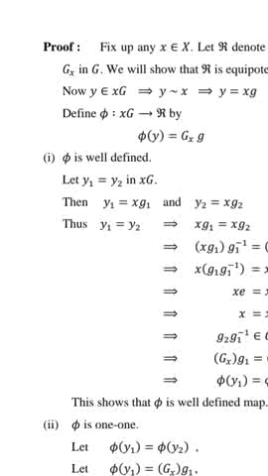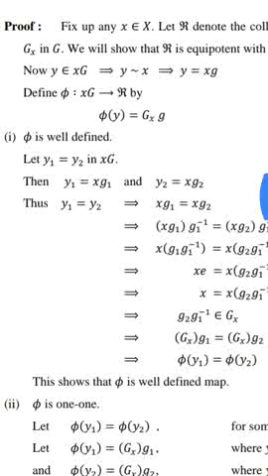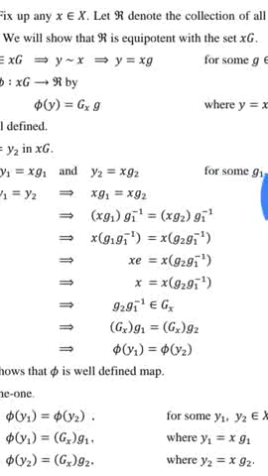Therefore, y1 is equal to y2. This implies that xg1 is equal to xg2. This implies that xg1 g1 inverse is equal to xg2 g1 inverse. By associativity, x g1 g1 inverse is equal to x g2 g1 inverse. x multiplied by e is equal to x multiplied by g2 g1 inverse.